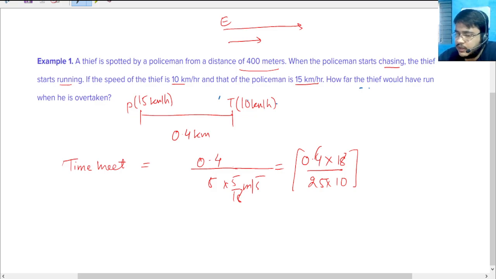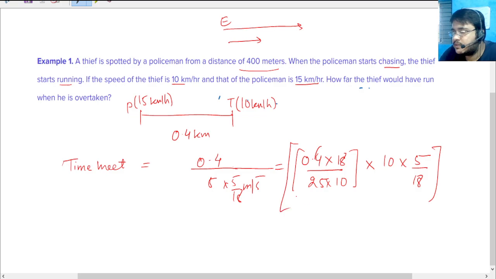So what I will say is, because both the thief and the policeman are running simultaneously for the same time, I could just multiply, because this is the time, I'll multiply the speed of the thief. So the speed of the thief is given as 10 kilometers per hour, again multiplying that by 5 by 18, which will leave me something like this.